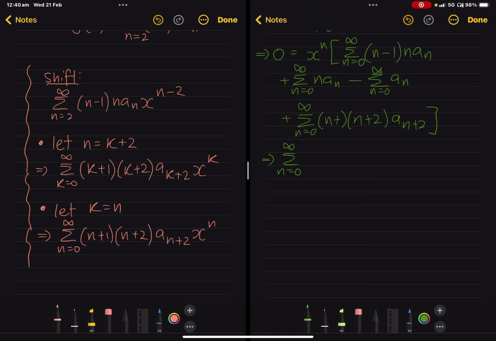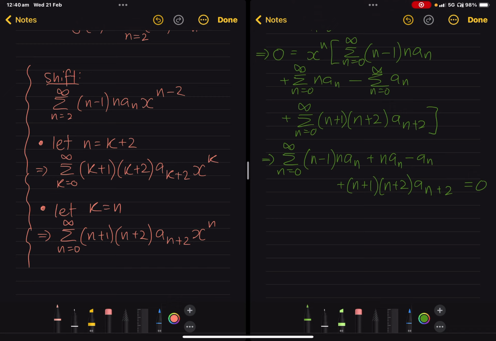From n equals 0 up to infinity of n minus 1 times n times a_n, plus n times a_n, minus a_n, plus n plus 1 times n plus 2 times a subscript n plus 2. This is all equal to 0.